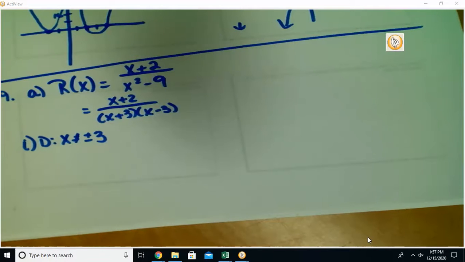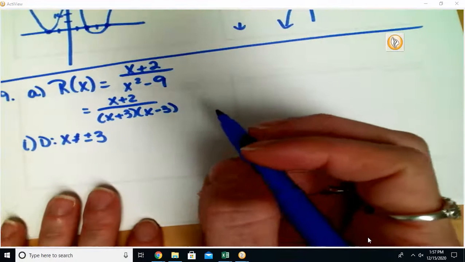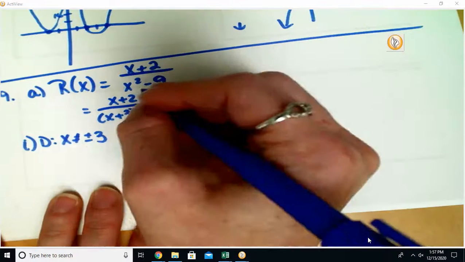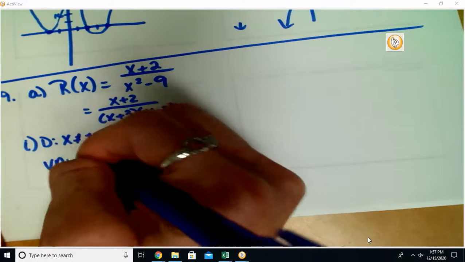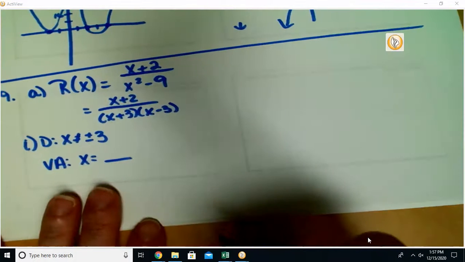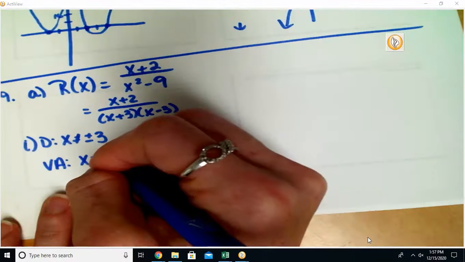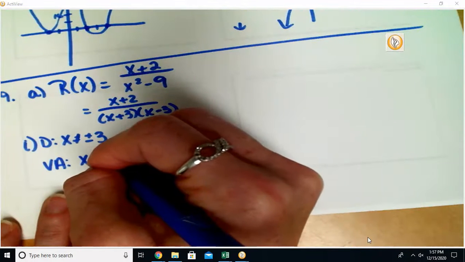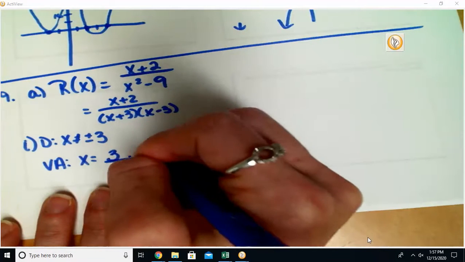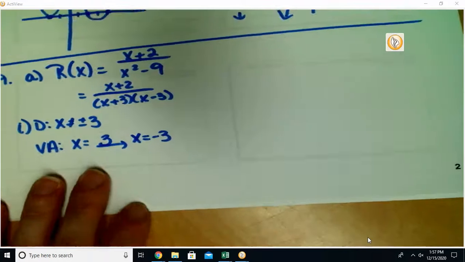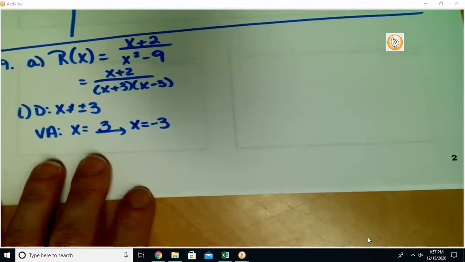Okay, asymptotes. So, vertical asymptotes are x equals whatever makes the bottom 0. So that would be? Yep. Your domain and your vertical asymptote are pretty much the same.